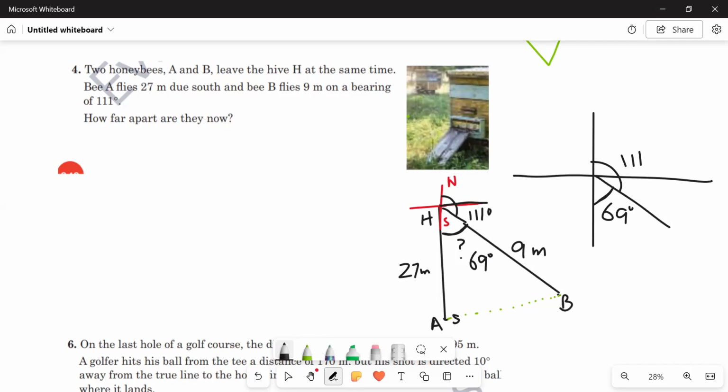What we have to find is H, so this we can take A, this we can take small b, this we can take small a.